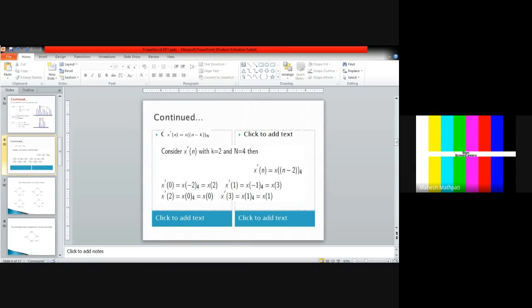Just look at the diagram. First sequence, what is given. Is it there or not?